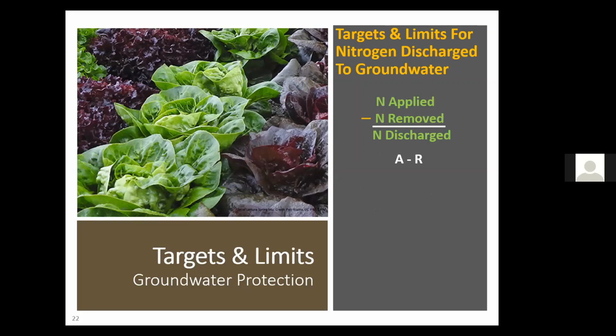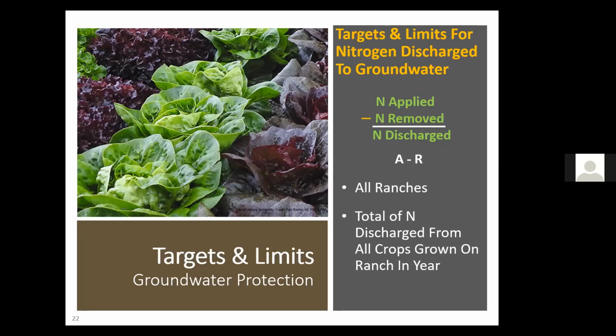And this is the basis for the A-R metric that's discussed throughout the order, the MRP, and attachment A. These targets and limits apply to all ranches, and they represent the sum total of nitrogen available to be discharged to groundwater from all of the crops together grown on the ranch within the year. The units are pounds of nitrogen per ranch acre.